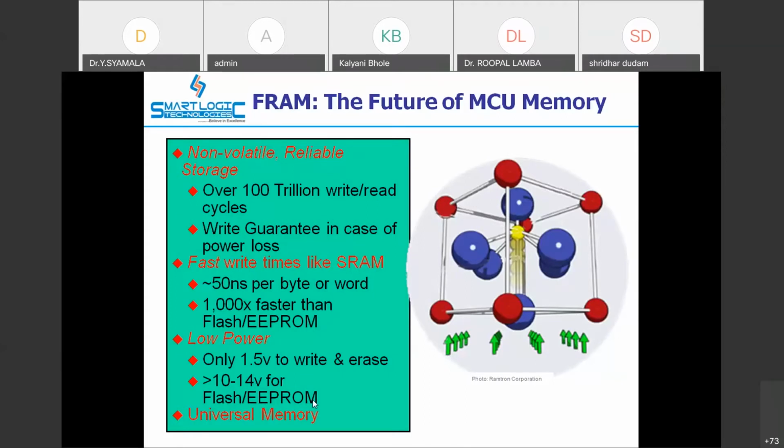But the cost of the IC with FRAM is obviously higher than only flash memory, because the memory is costly. So you have to see whether your application really needs the FRAM, and then select this IC. Otherwise there is no need to select the FRAM IC.